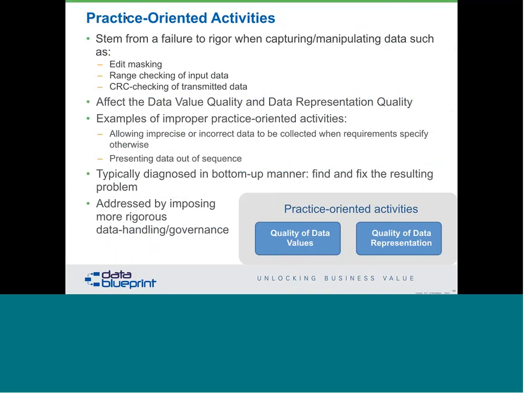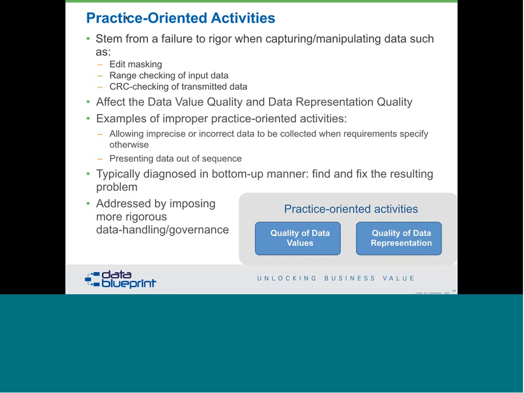Practice-oriented stems from a failure to rigorously capture and manipulate data. Again, perhaps you are edit masking, perhaps you are range checking the input data, CRC checking transmitted data, hash totals. Again, if you're looking at blockchain at all, this is one of the key tenets to make sure that blockchaining actually works.